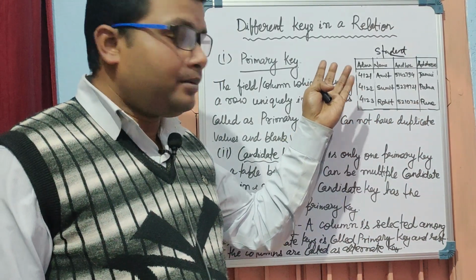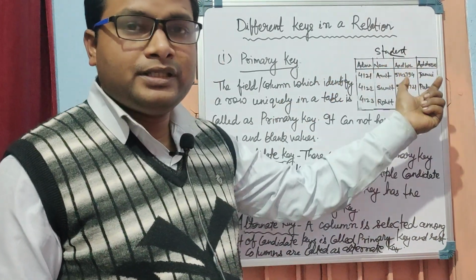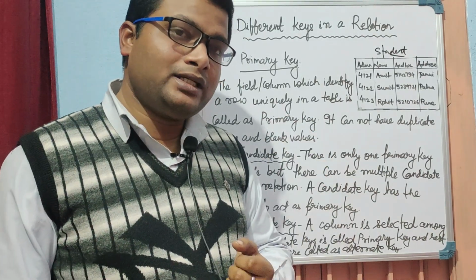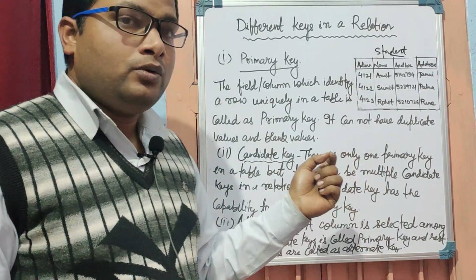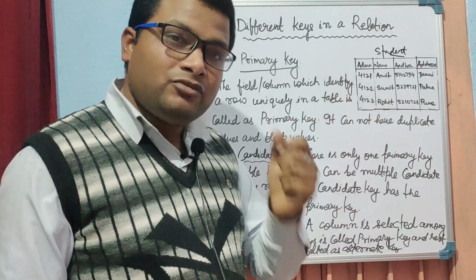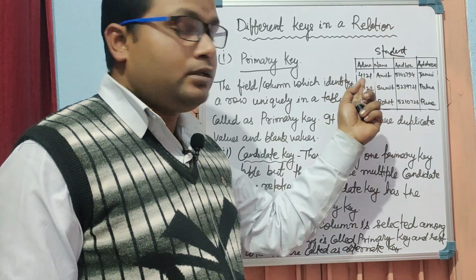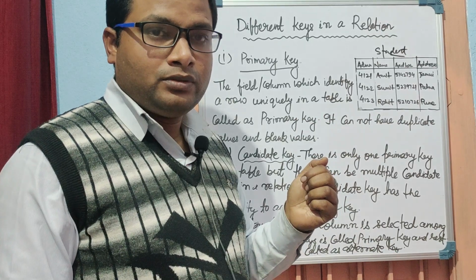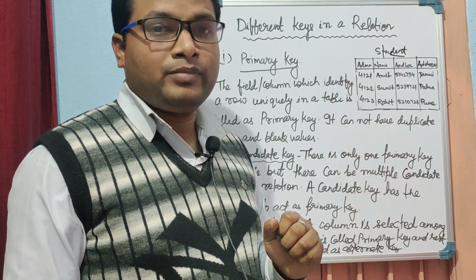So primary key is selected from one of the columns. Which column is going to be selected as a primary key? A column that cannot have null values or blank values will be selected as primary key.